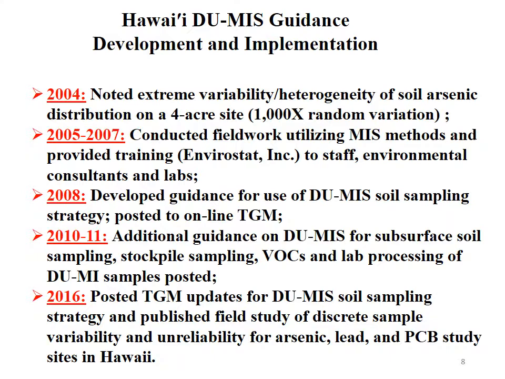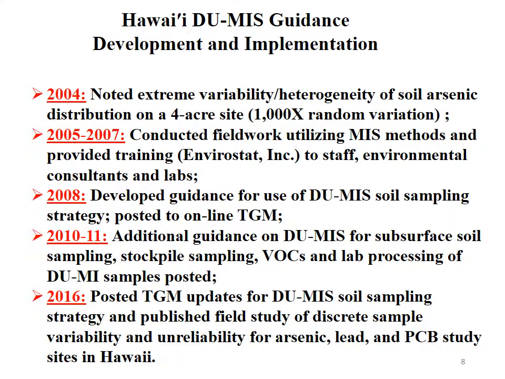In 2008, we developed our first guidance for the use of DU MIS soil sampling and posted it to our online technical guidance manual. This included guidance that was applicable to all chemicals of concern that we were dealing with. Most contaminated sites in Hawaii are small, and the most common contaminants evaluated include petroleum, arsenic, lead, dioxin, PCBs, or mercury.